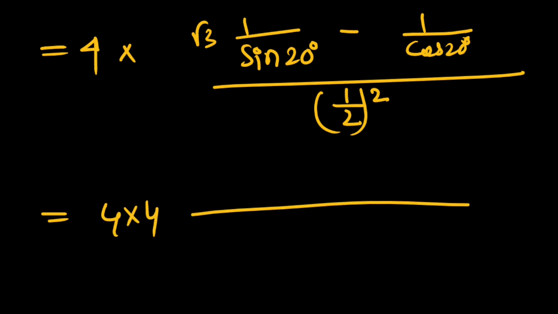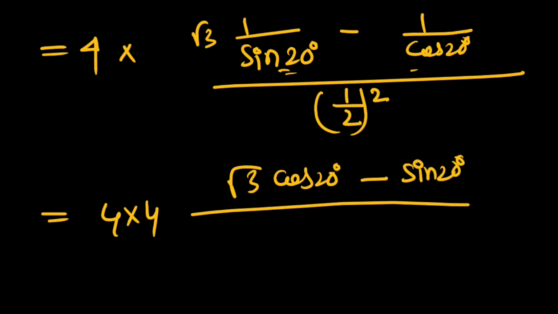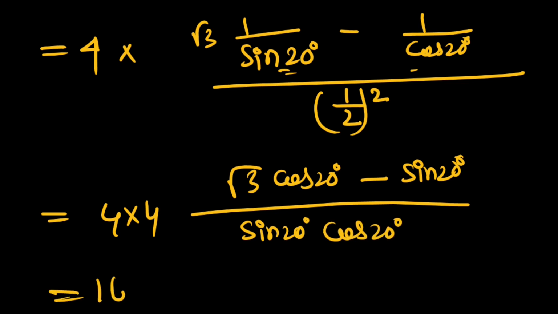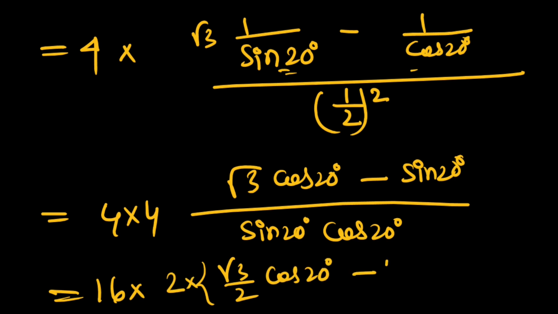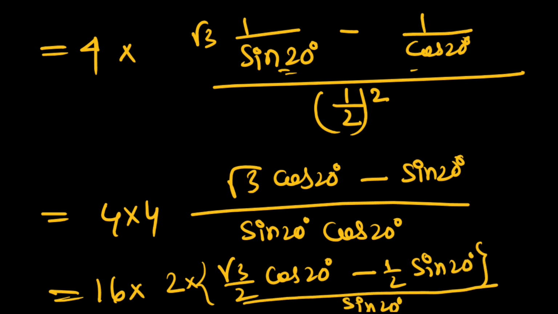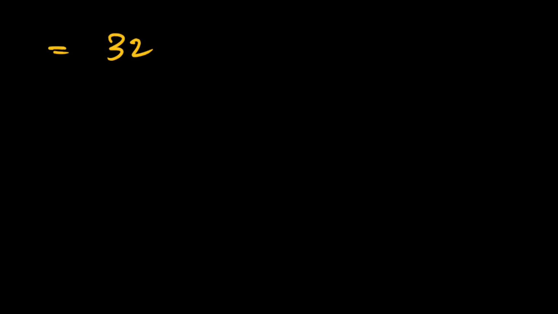That is 4 times 4 multiplied by, taking the LCM here, root 3 cos 20 minus sine 20 over sine 20 cos 20, therefore that is 16 into root 3. We adjust here by multiplying by 2 also: cos 20 minus 1 over 2 sine 20 over sine 20 cos 20, therefore we can write 32 times.